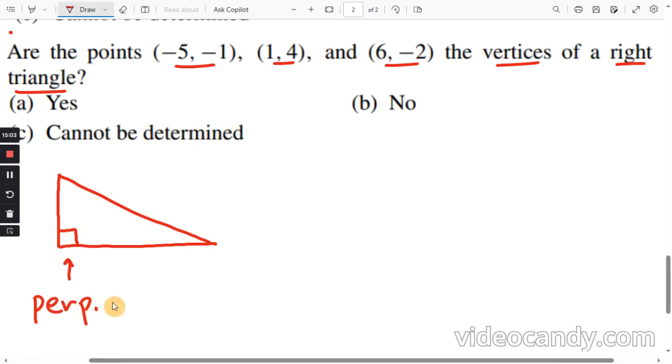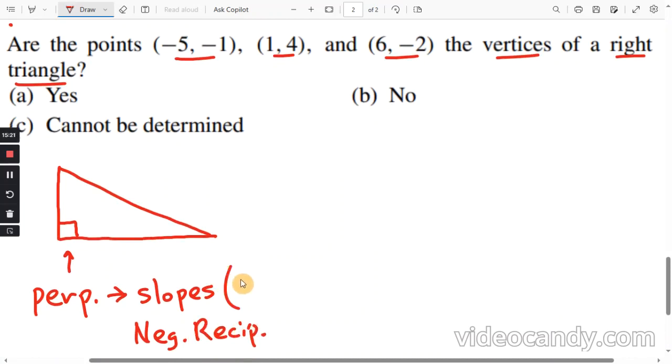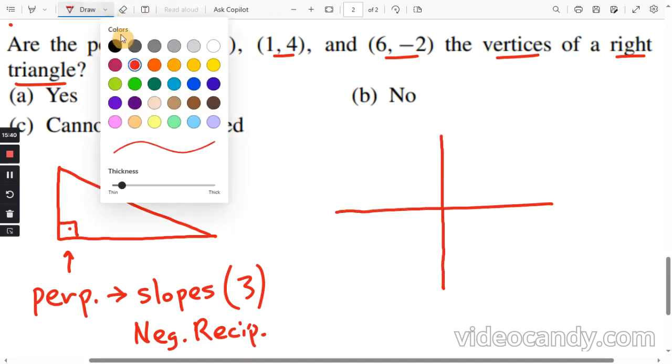And we said before, for perpendicular, the slopes are negative reciprocals of each other. All right. So you could find 3 slopes and see if 2 of them are negative reciprocals, or you can draw a rough sketch and see where the right angle might be. All right, so let's do that, because I don't feel like finding 3 slopes. But maybe you would prefer to do that instead of sketching a graph. So it's up to you.